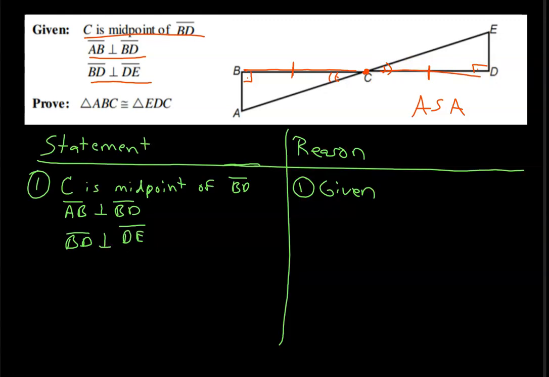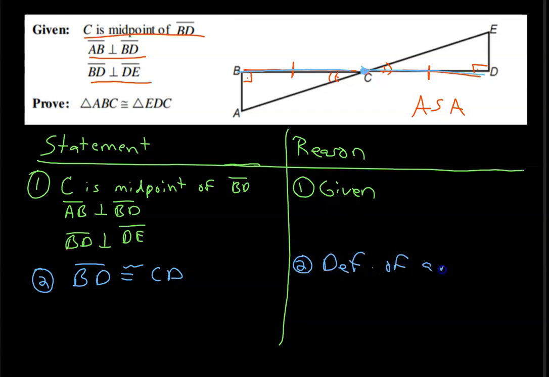Alright, so we wrote down our given information. The information that we figured out using our given information was that BC was congruent to CD, and the reason why we said that was it was given that C was a midpoint. So I can say that BC is congruent to CD, and that reason is definition of a midpoint.